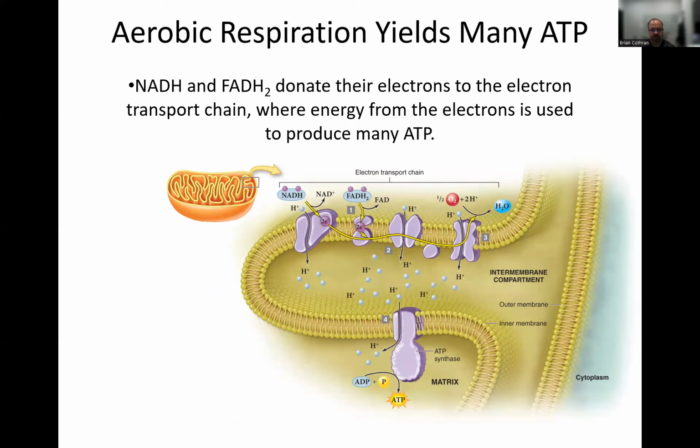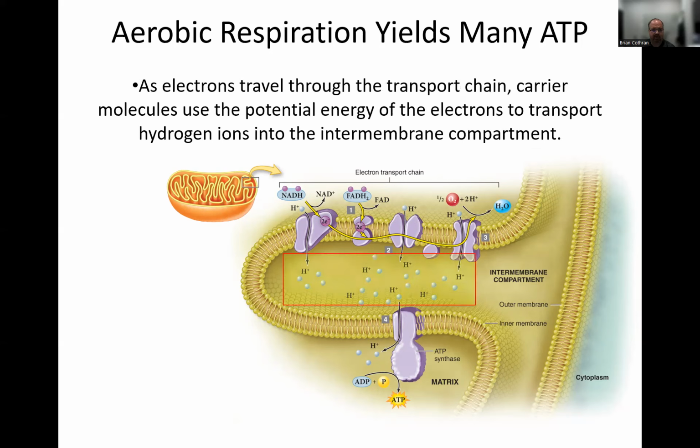And this is the electron transport chain that should look very familiar as compared to the photosynthetic chain. So if you watched chapter 5, you notice that we had this and we had it bouncing across here. But this is where most of the electrons are going to be cashed in to produce the ATP. As these electrons move through the transport chain, carrier molecules use potential energy of the electrons to transport hydrogen ions into the inner membrane compartment.